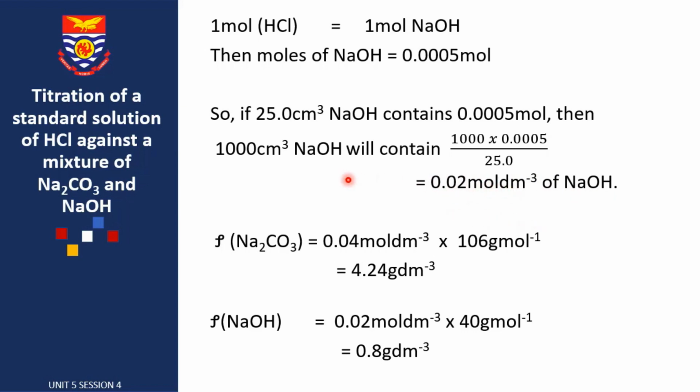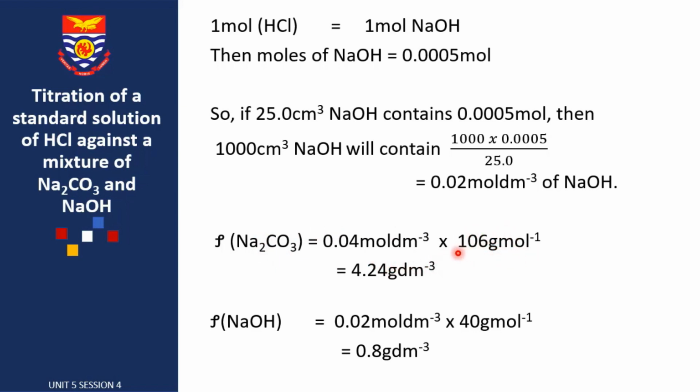Okay, we were to find the mass concentrations, and using the relation mass concentration is equal to amount concentration times molar mass, we do substitution. The concentration of sodium carbonate, we found it to be 0.04, and the molar mass from the atomic masses is 106 grams per mole.